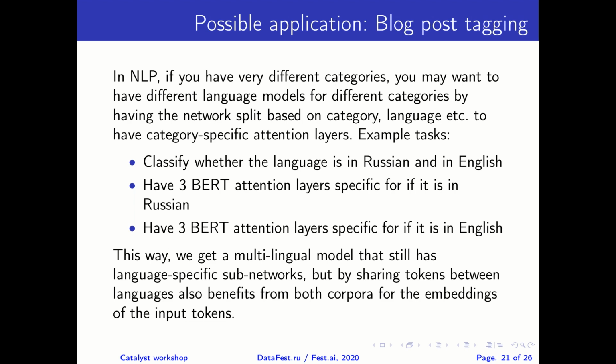So it would still benefit from knowing the language and even the category. For example, apart from Russian and English, you could easily do this if you have documents in the aviation industry or in the IT industry and so on. You can also have a classifier that does this classification in the network and then splits the network in itself.